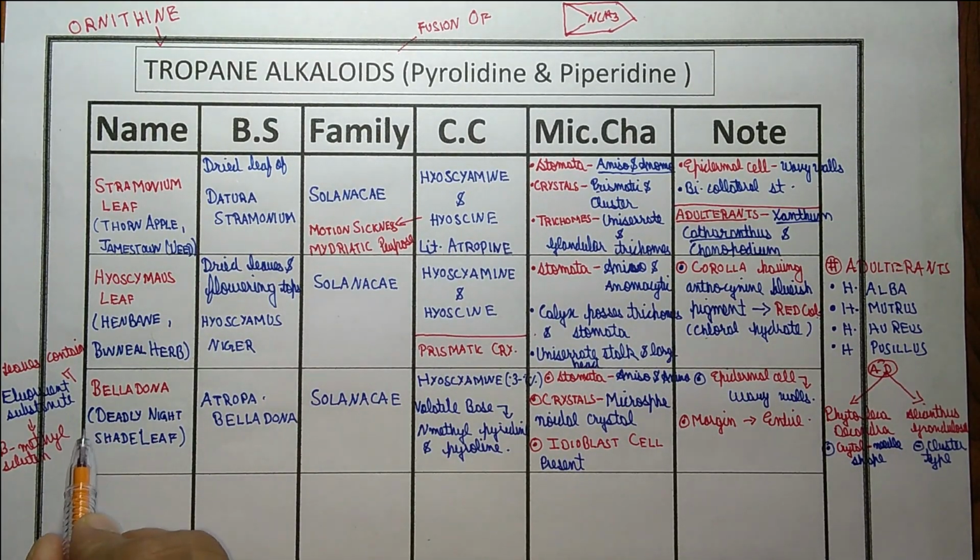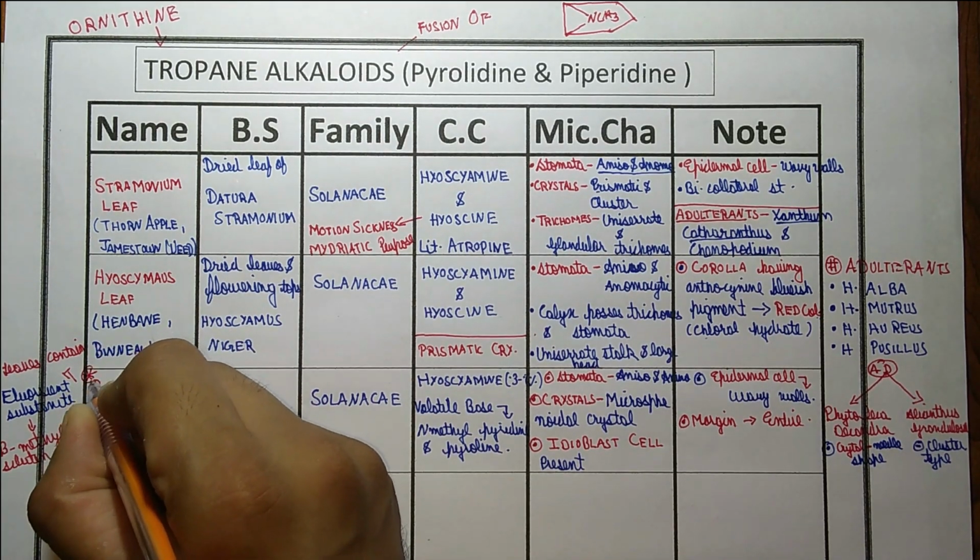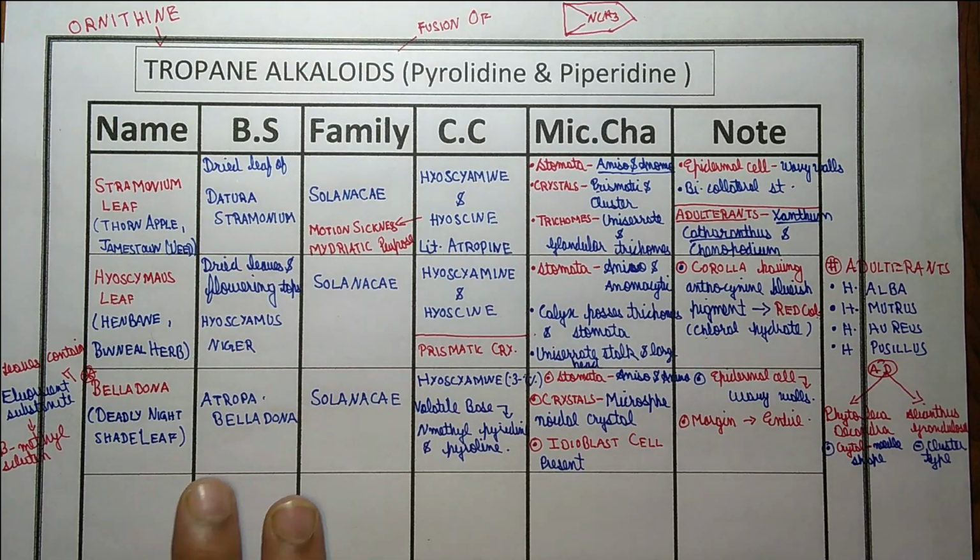That's why it reflects shine at night. That's why its name is deadly nightshade leaf. So it is a very important drug, students, also in terms of your GPAT exam. So try to note it down in your notebook.